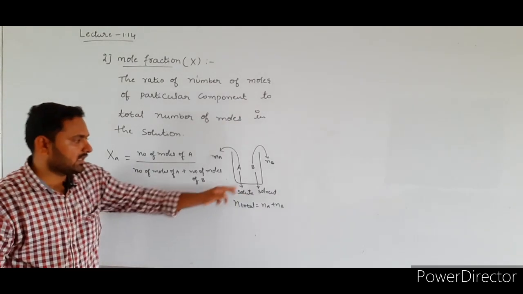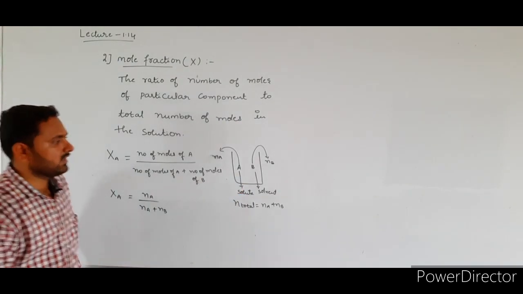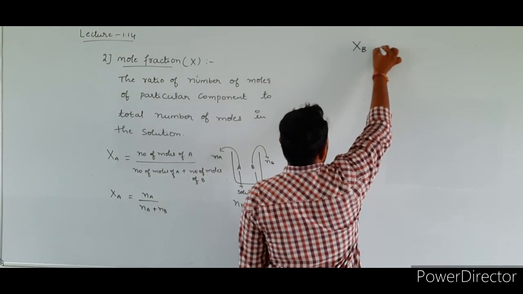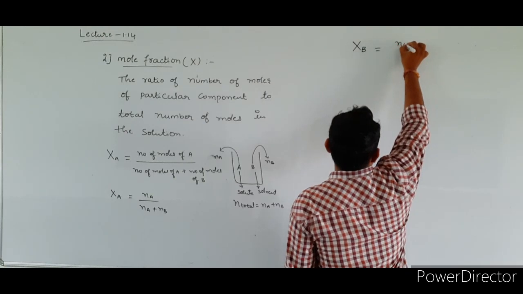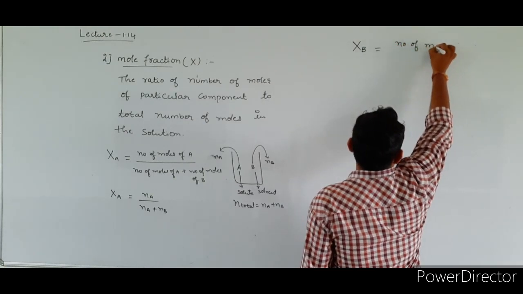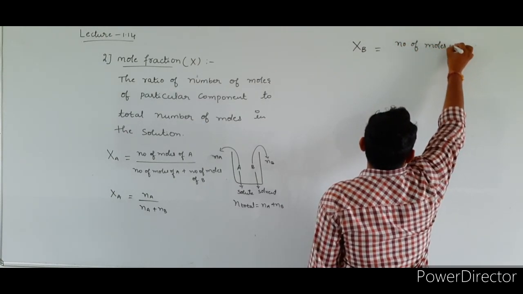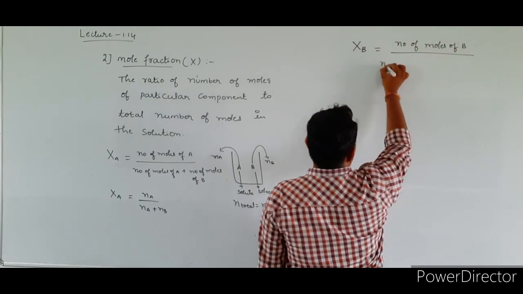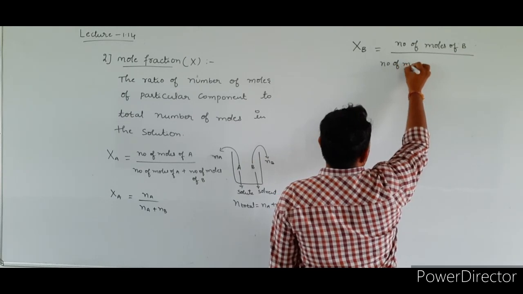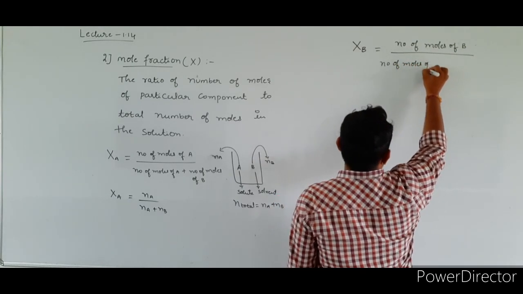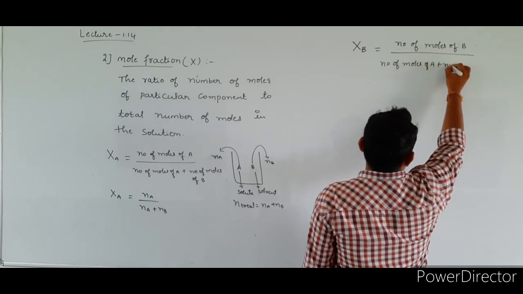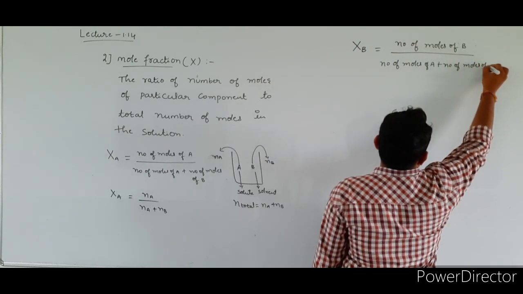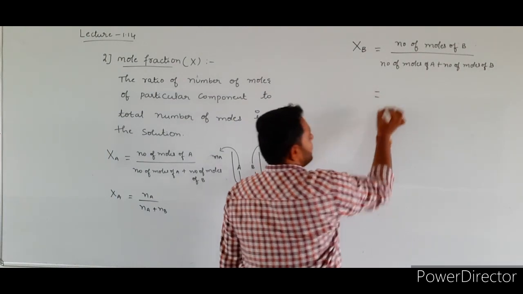Now, if you want to calculate mole fraction of B, then what is the formula? Mole fraction of B is equal to number of moles of B divided by number of moles of A plus number of moles of B. Why?